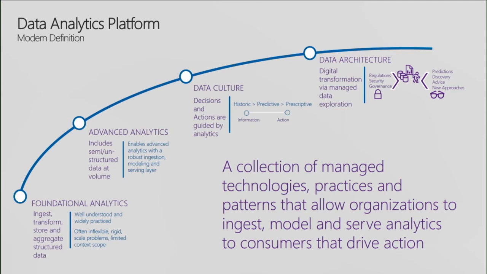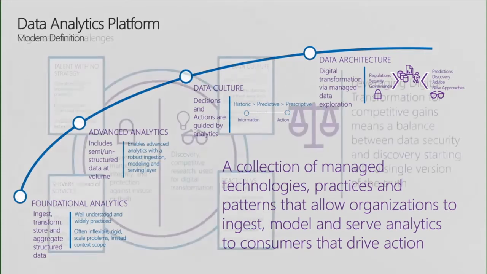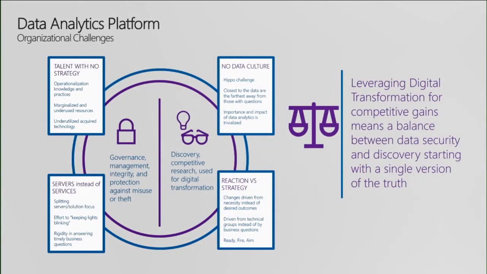So using all of this technology and all of these processes, we need to bring success to our customers. So what is one of the major challenges that we have seen in organizations when we talk about data and AI? One of the most important issues is talent with no strategy.